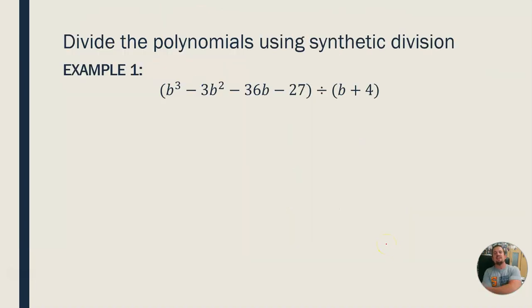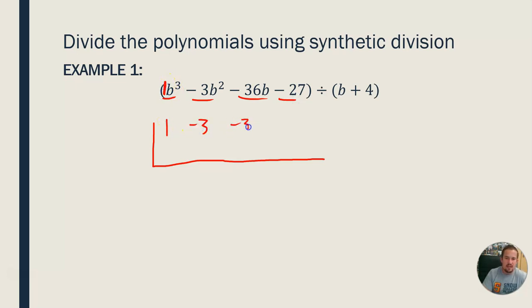The instructions here say divide the polynomials using synthetic division. So first thing I'm going to do is write a big L to use as my synthetic division fraction, division bar, if you will. And then at the top of this L, I'm going to write the coefficients on each of these terms. So there's a 1 here, so I'm going to write 1, negative 3, negative 36, and negative 27.